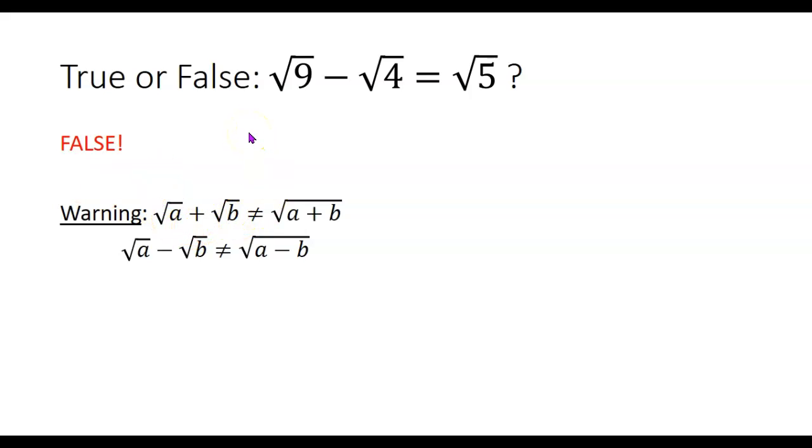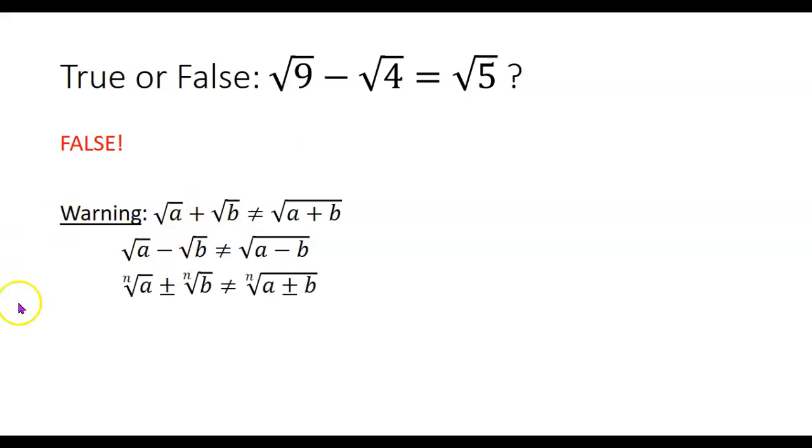You can't interchange the order of the operation with the taking of roots. So the square root of one thing plus the square root of another is not the same as just the square root of the two numbers added together. The square root of one thing minus the square root of another is not the same as just the square root of the numbers subtracted.